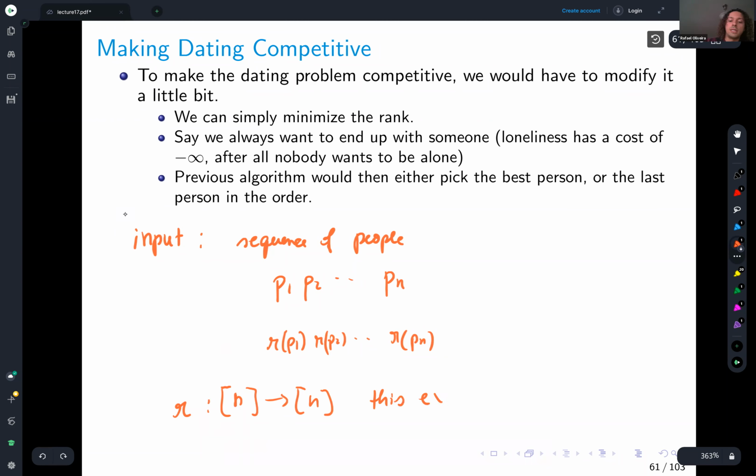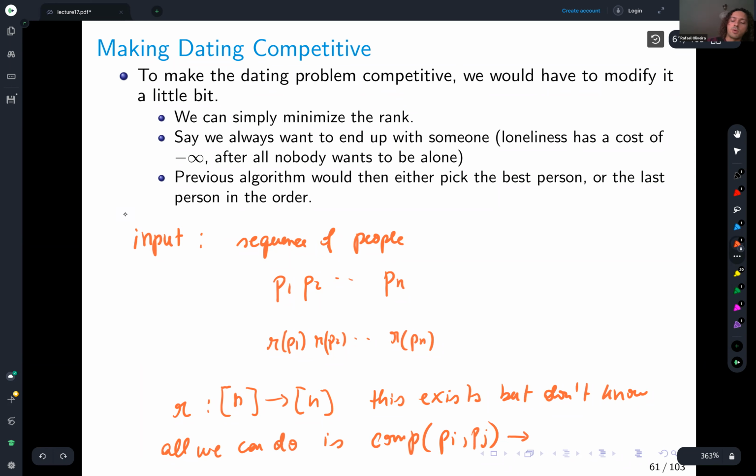Exactly. We know that this exists, but we don't know it. Right, so we have access to a comparator, but not the index value. Exactly. So all we can do is a comparison between person I and person J, which tells me which one is the best.